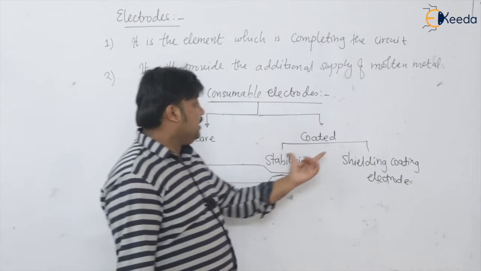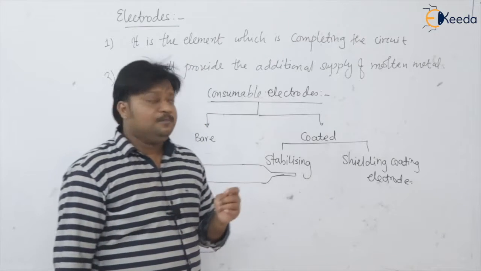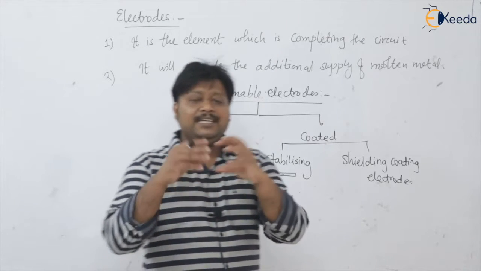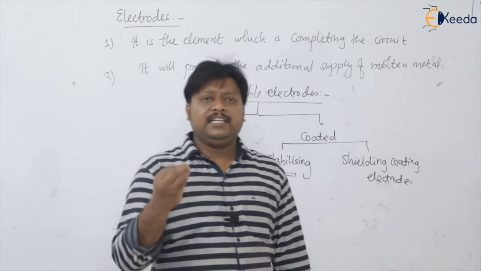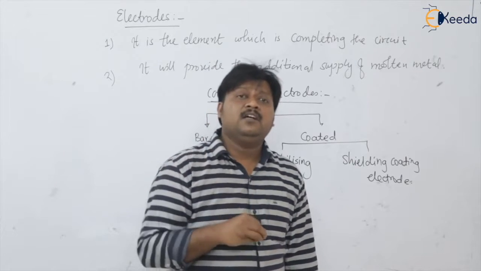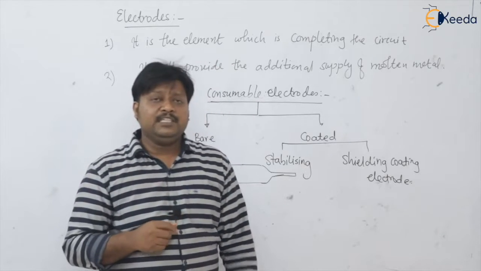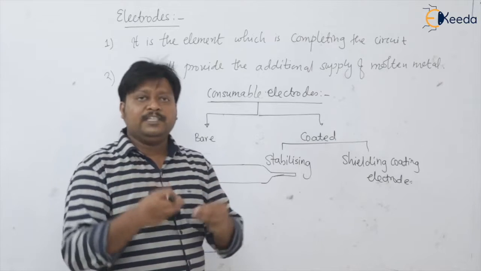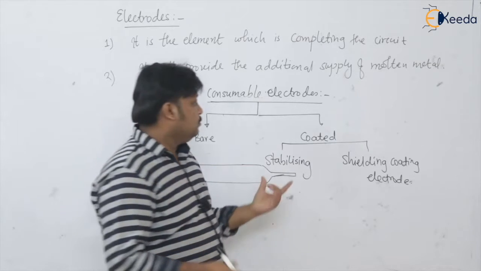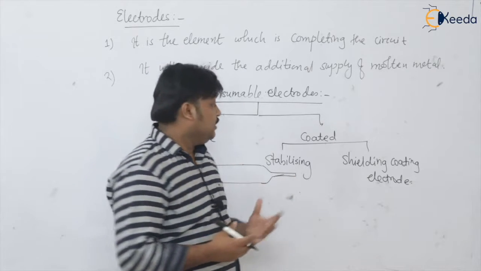But if you look at the coated electrodes, coated electrodes mean there is a coating of fluxes, some types of alloying material that you really want to add into the weld so as to improve the mechanical properties. So these are the sources of coating for the electrode to get some additional things into the weld.